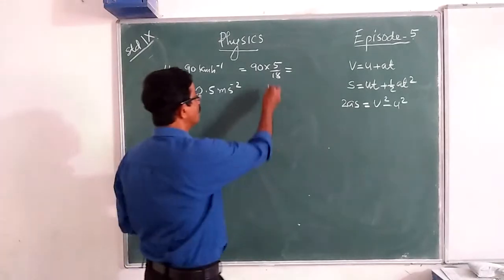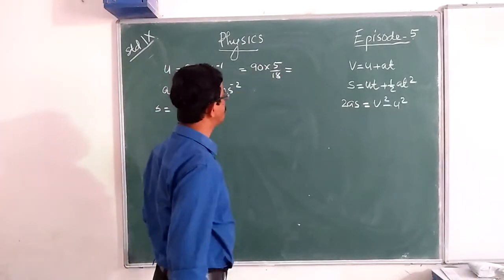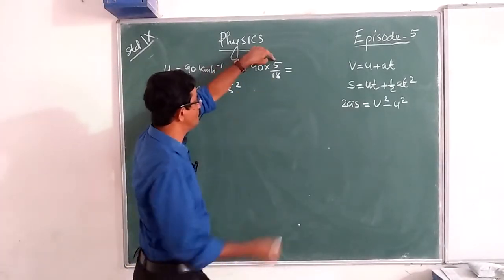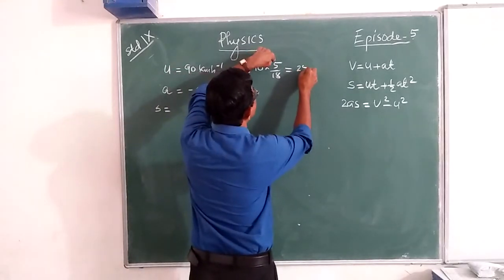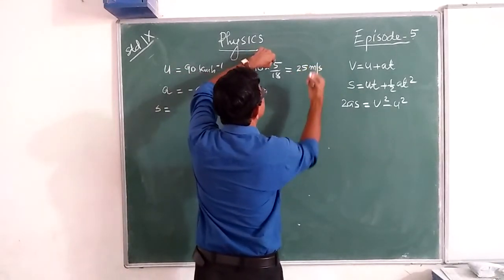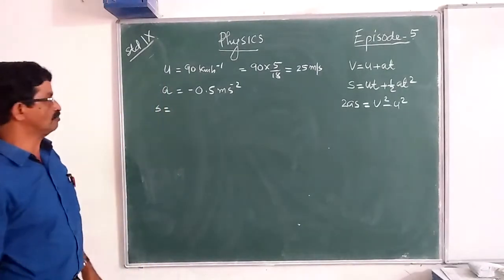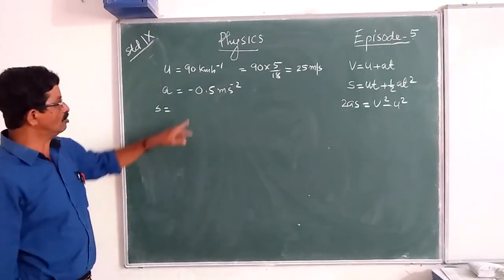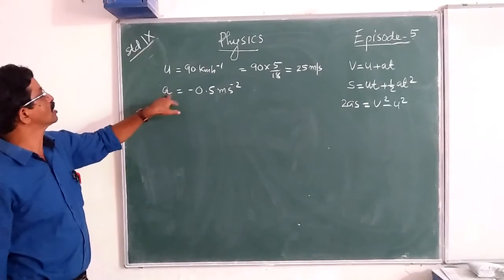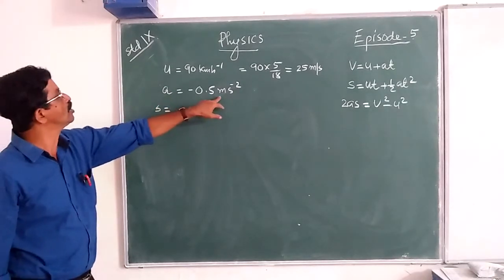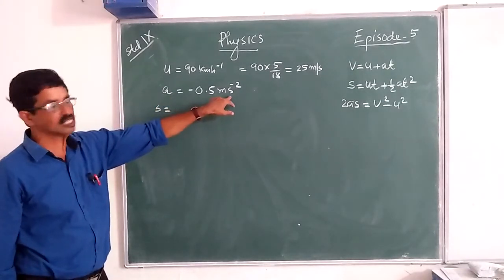Then we get 90 by 18, 5 times. Then 5 into 5, 25 meter per second. Now, a is given as minus 0.5 meter per second square.